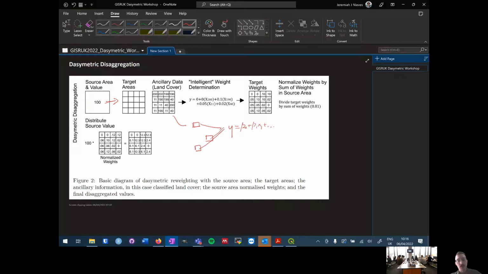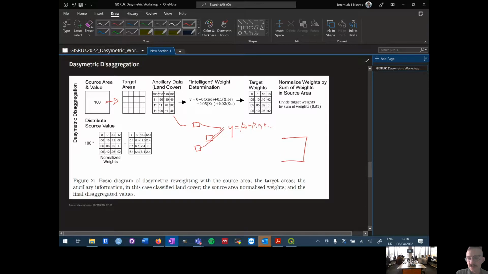So another thing you can do, which is kind of unconventional, but in practice has worked quite well, is you can actually take your coarser source units. So say you've got counties, or in this case, you've just got multiple large squares like this, and we'll say that they're counties in a very nice, orderly country of some sort. And you can train the model at the county level, but predict at the target level, so at the pixel level.